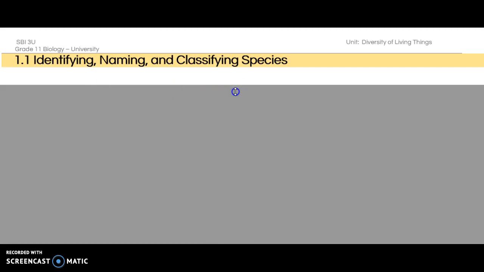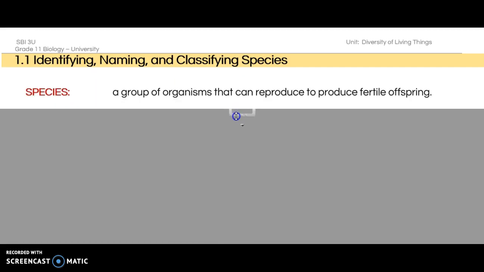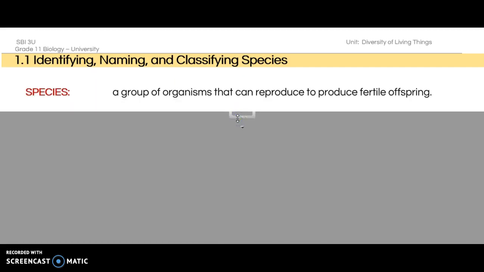Well, in science, the consensus is that we define a species as a group of organisms that can reproduce to produce fertile offspring. Okay? So, for instance, what makes a species distinct from another species is that when two organisms within the species mate, their offspring can also reproduce as well.